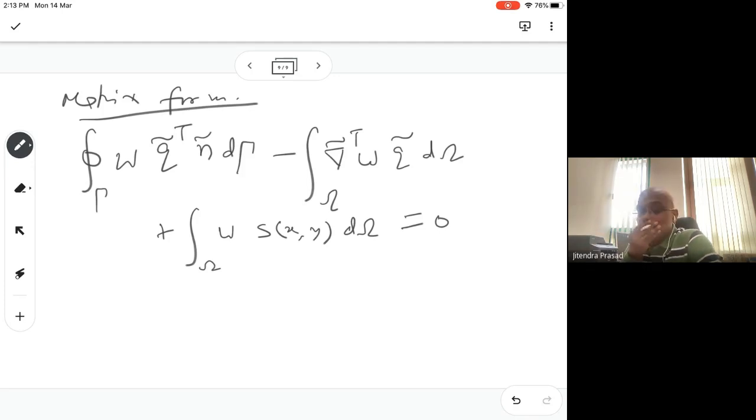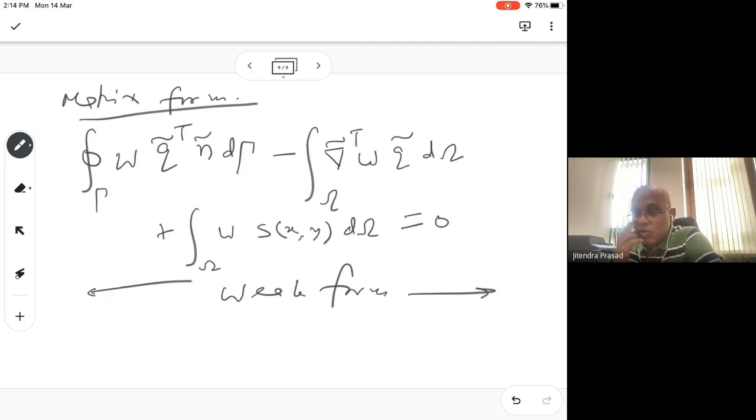Yeah. So anyway, this is the weak form, and the next thing you do, you assume some value, and what do you have to solve here?